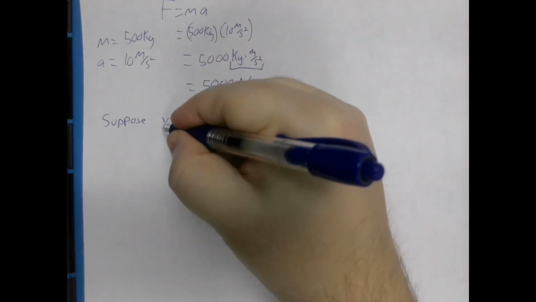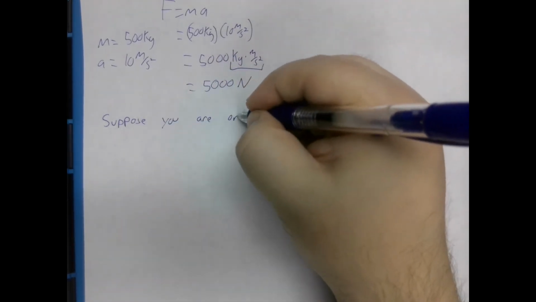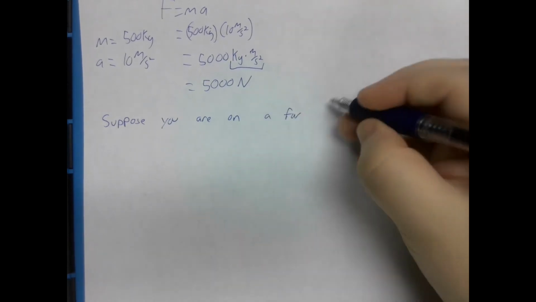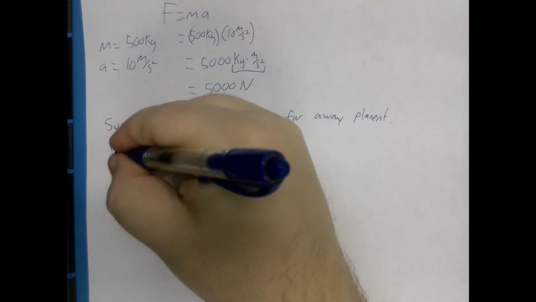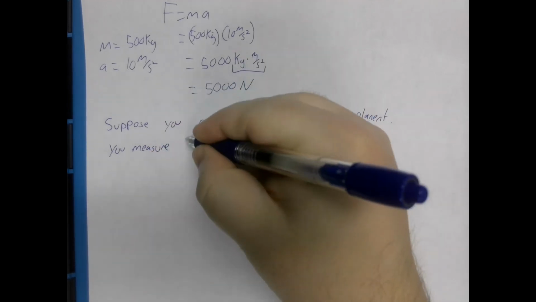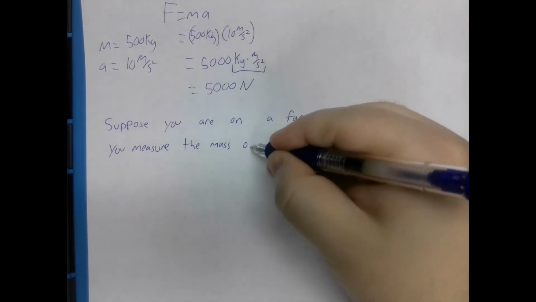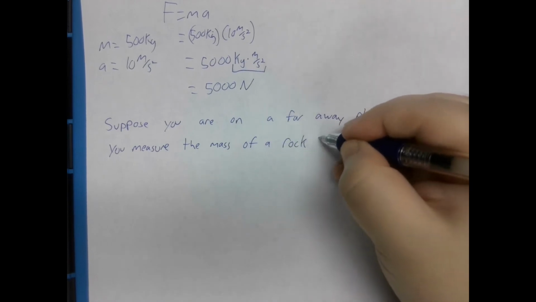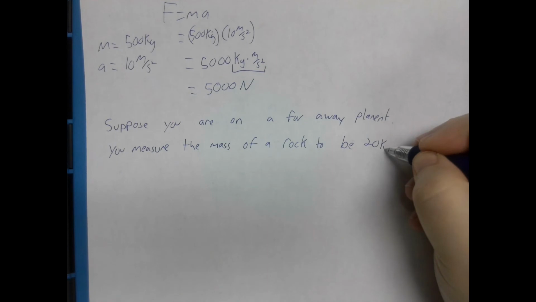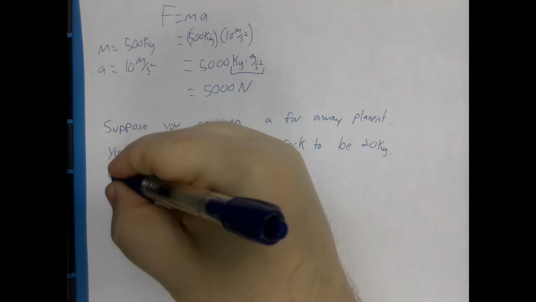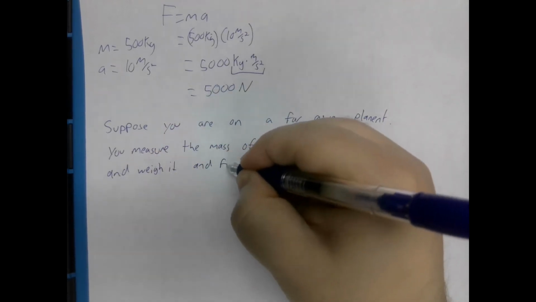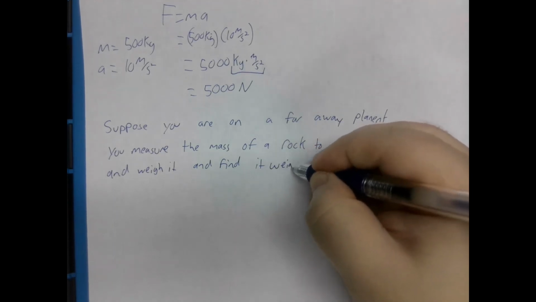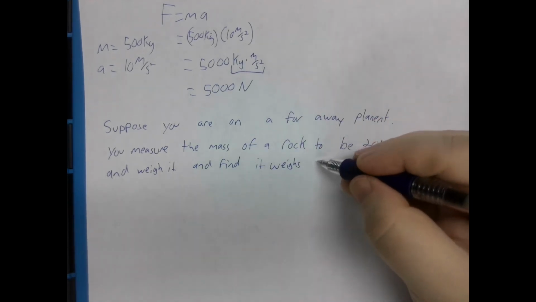Suppose you're on a faraway planet. You measure the mass of a rock to be 20 kilograms and weigh it and find it weighs 800 newtons.